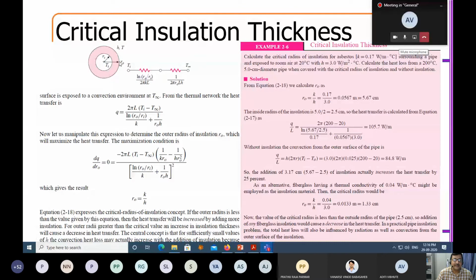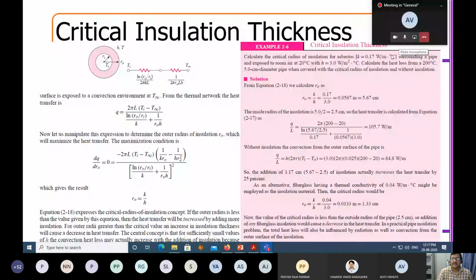Then the total radius from the center is Ro. The temperature inside is Ti, and outside you have air. In the insulation the heat is conducted, and at the outer surface the heat is convected, with the heat transfer coefficient of air H and the temperature T infinity.